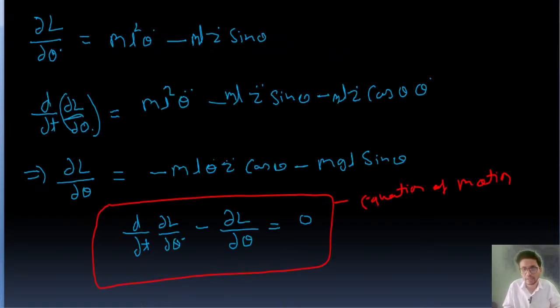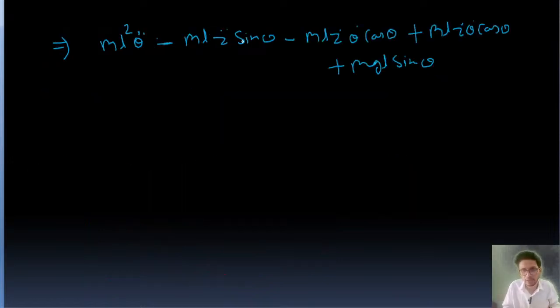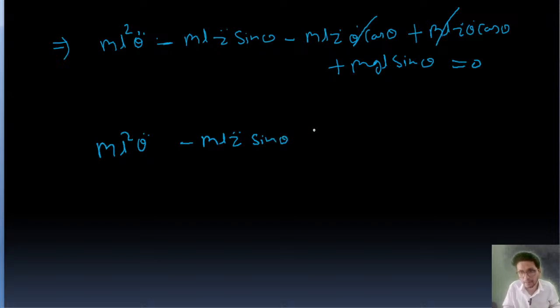These values are going to be plus because this is minus sign, minus minus plus. This will get cancelled, guys. Then this equals 0. So the equation is now m l square theta double dot minus m l z double dot sin theta plus mgl sin theta equal to 0.